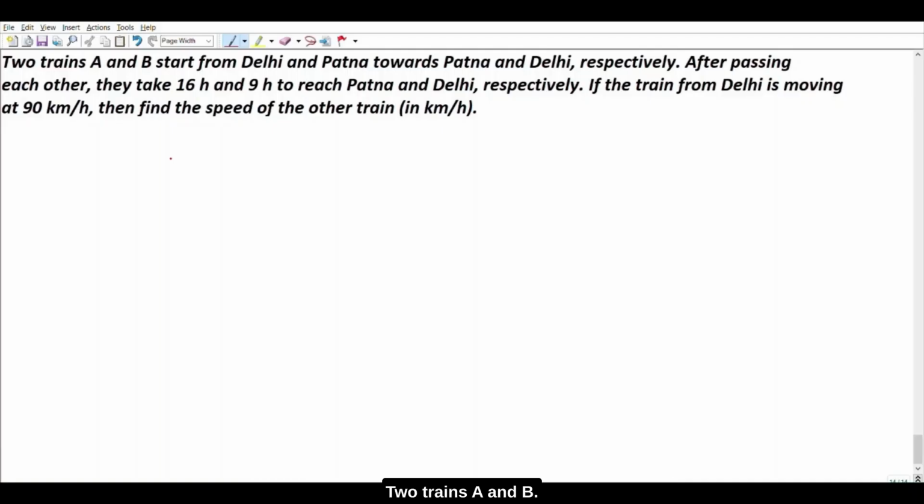Two trains A and B start from Delhi and Patna towards Patna and Delhi respectively. After passing each other, they take 16 hours and 9 hours to reach Patna and Delhi. If the train from Delhi is moving at 90 km per hour, find the speed of the other train.